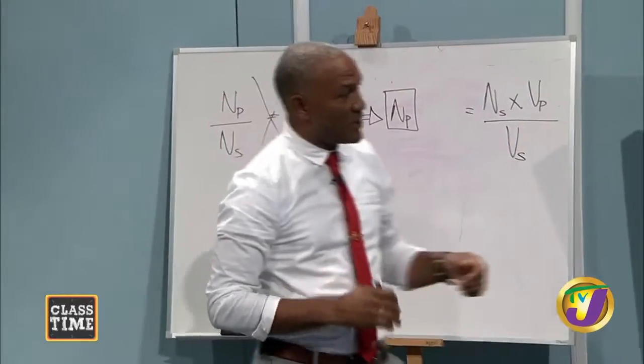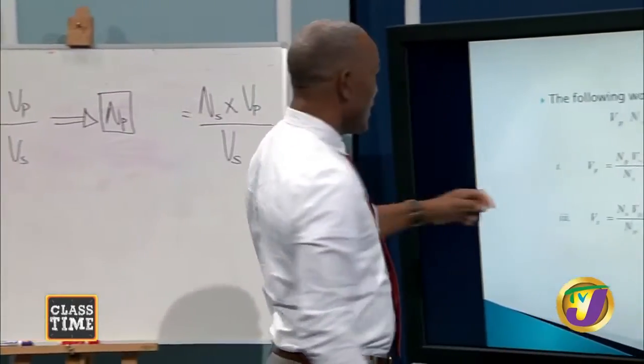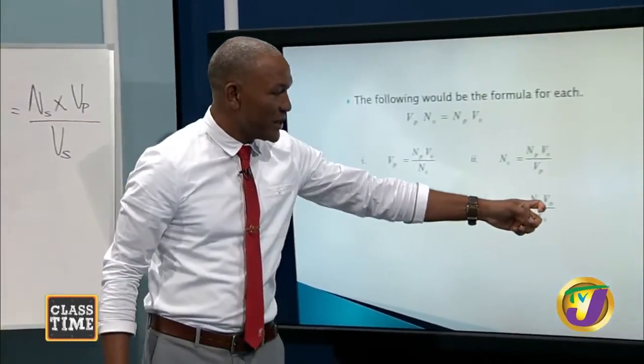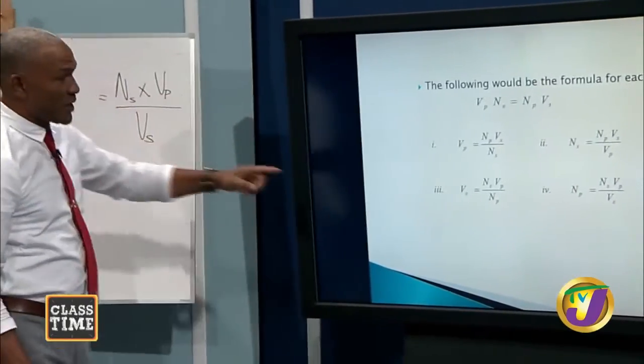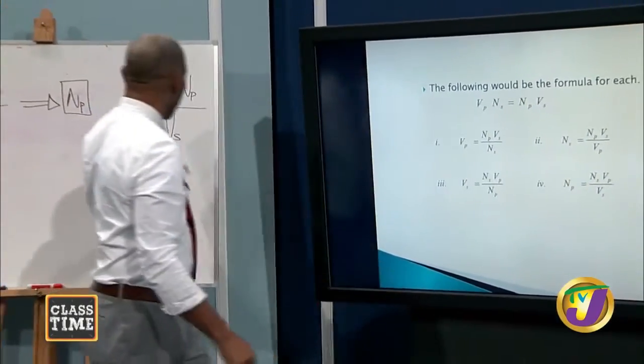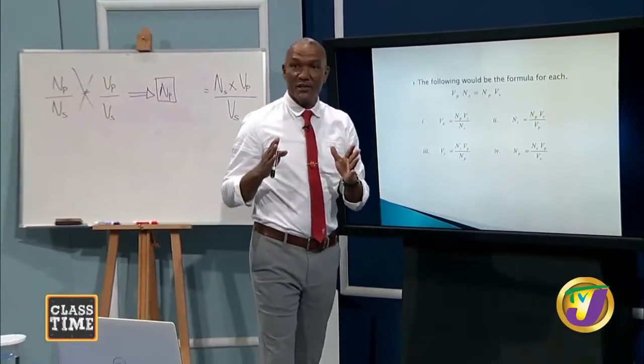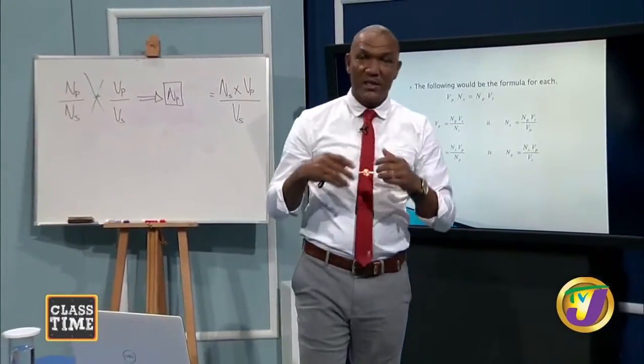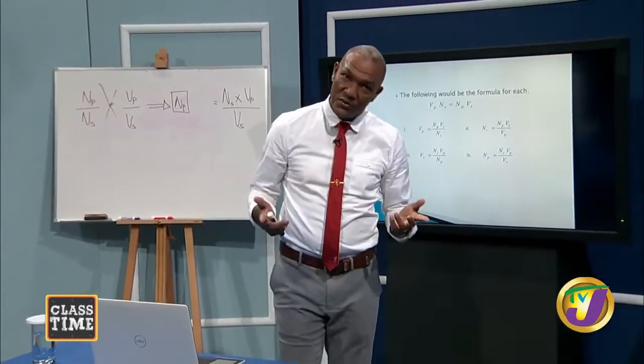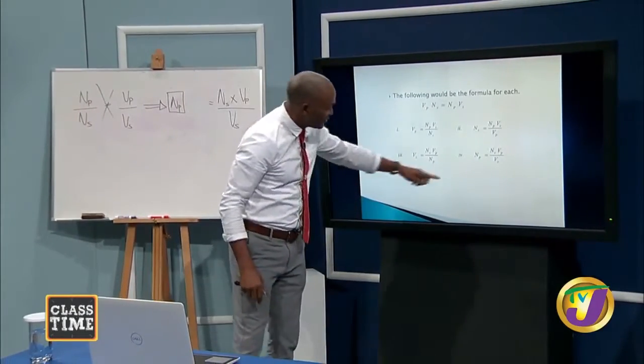So if you look at the formulas, I would have Np is equal to Ns multiplied by Vp over Vs. So you'd have a formula for each of them. Any three that are given, you can find the fourth by using any one of these formulas.